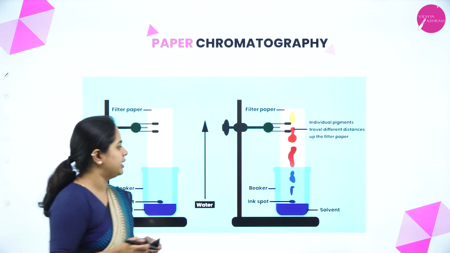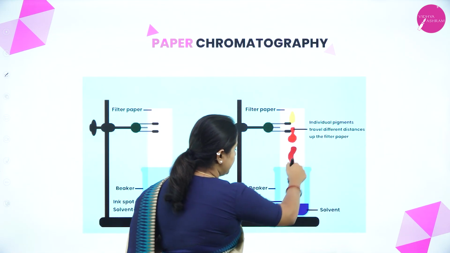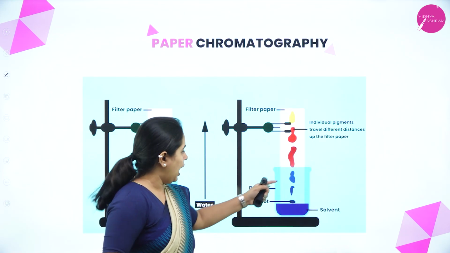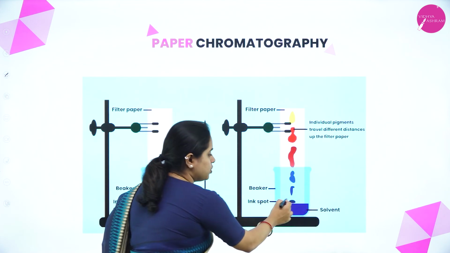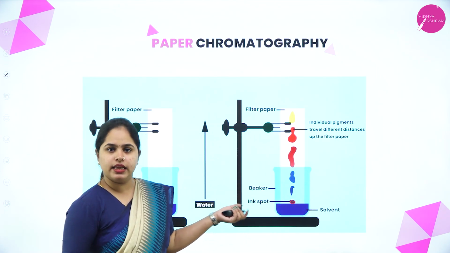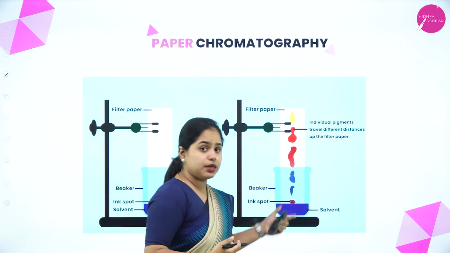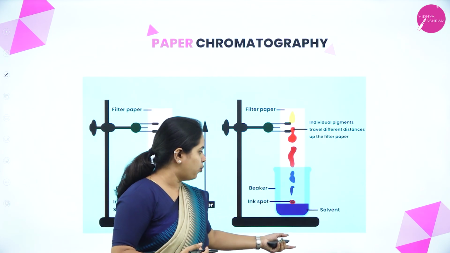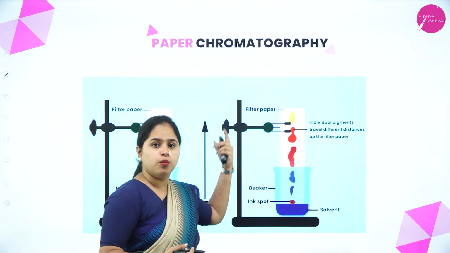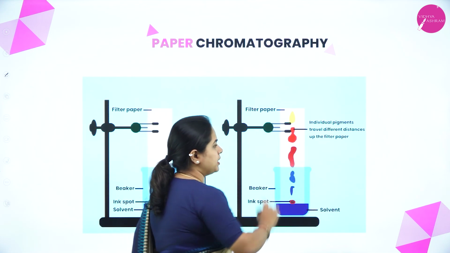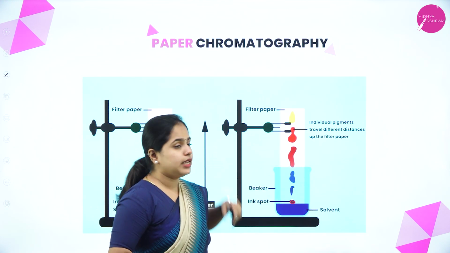So as you can see here, the paper strip is dipped in a suitable solvent, and this is where we have initially placed the mixture that we have to separate. It is dipped inside the solvent. Now as the solvent starts moving up, the different layers will be separated. So you can see the different individual pigments.